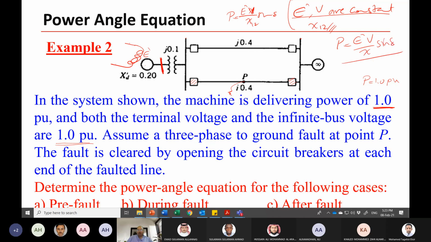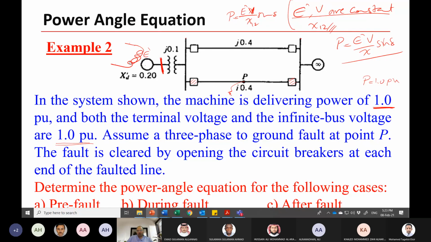So this is the equation. We need to find E prime, and the E prime doesn't change whether we have a fault or not. The E prime depends on the flux. We assume this, but it is not very accurate.